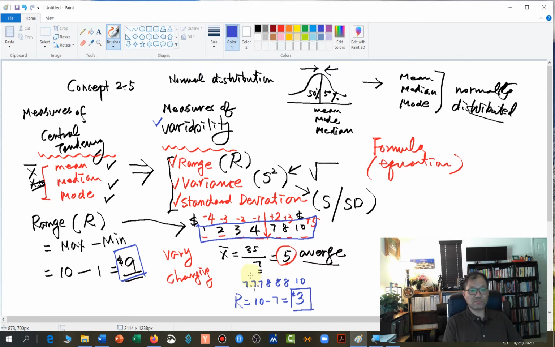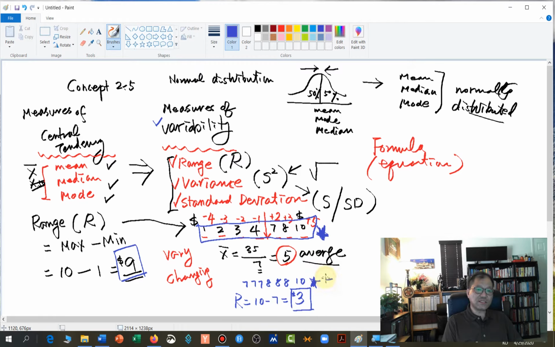Which one looks better in terms of no variability? Most people have somewhere around $8. The average is 8. Here the average is 5. So a lot of variation here, less variation, fewer changes in numbers right here.